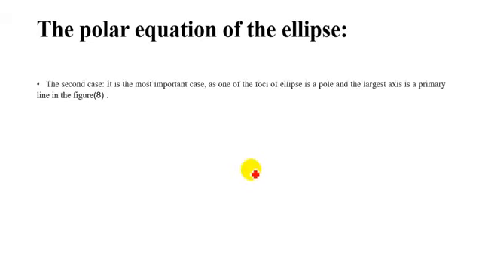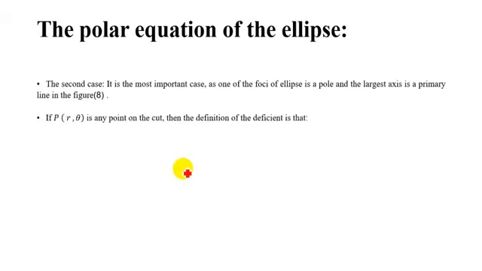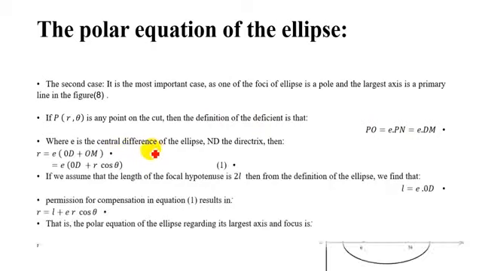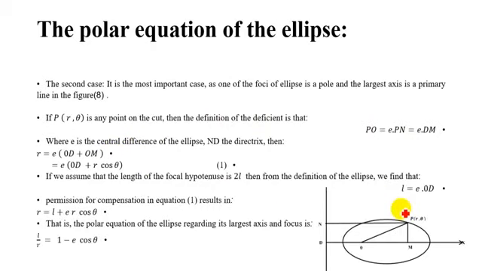The other one, the second case, is by the definition of the eccentricity. Suppose that we have BO equals e BN equals e DM. So let's see the shape.